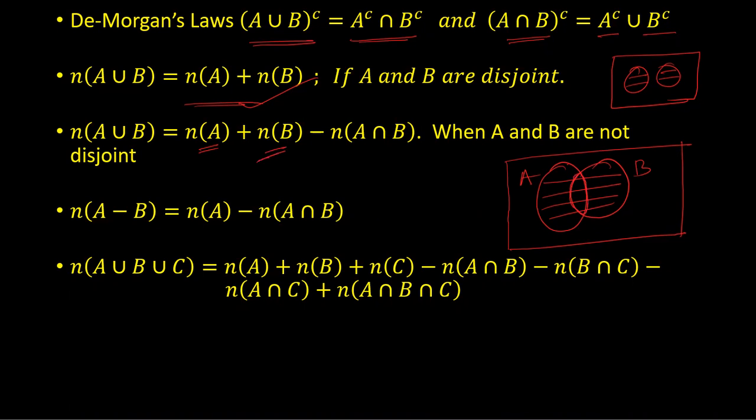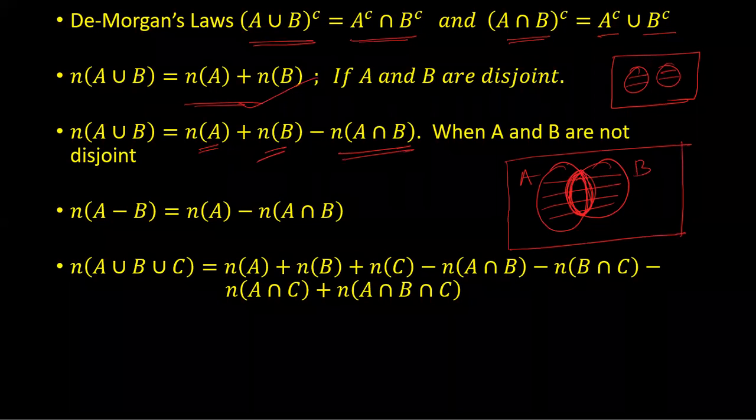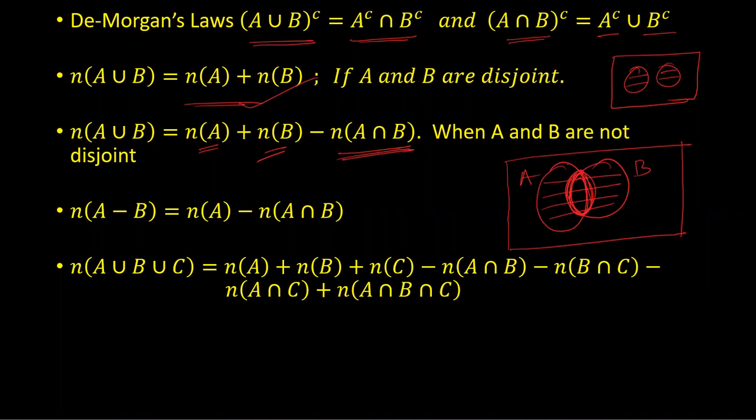Again, if we count n of B, this part will be counted twice. But in the union, as I have told you, it will be counted only one time.